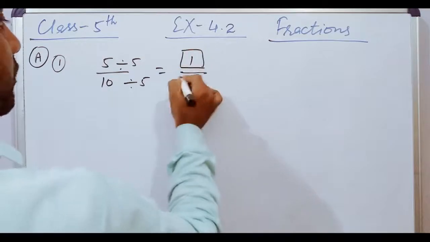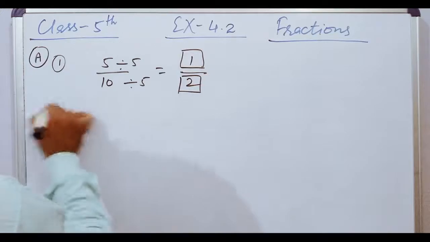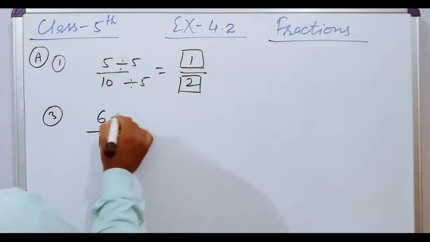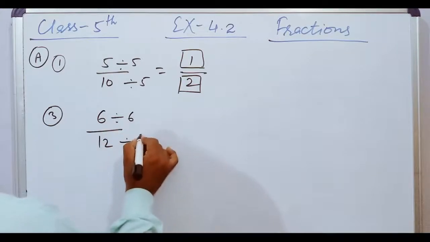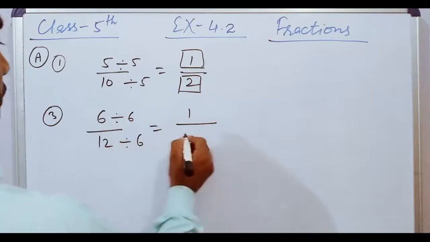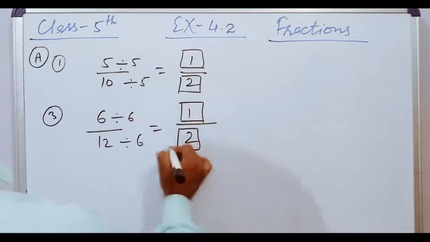This we have to fill. Then part 3, question number 3, 6 upon 12 divided by 6. So 6 1s are 6, 6 2s are 12.